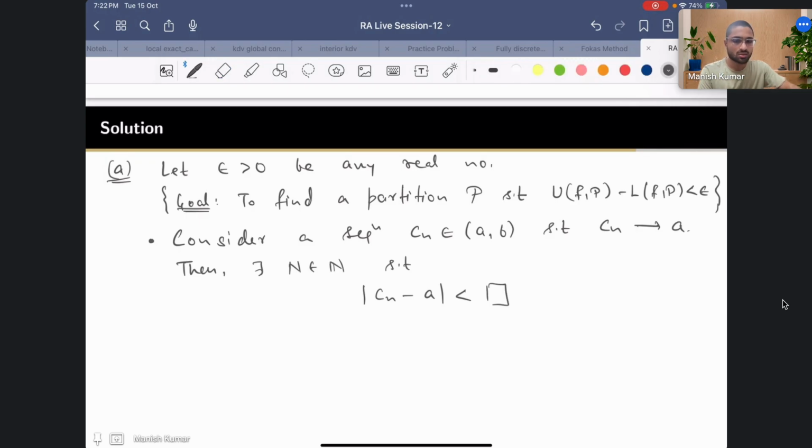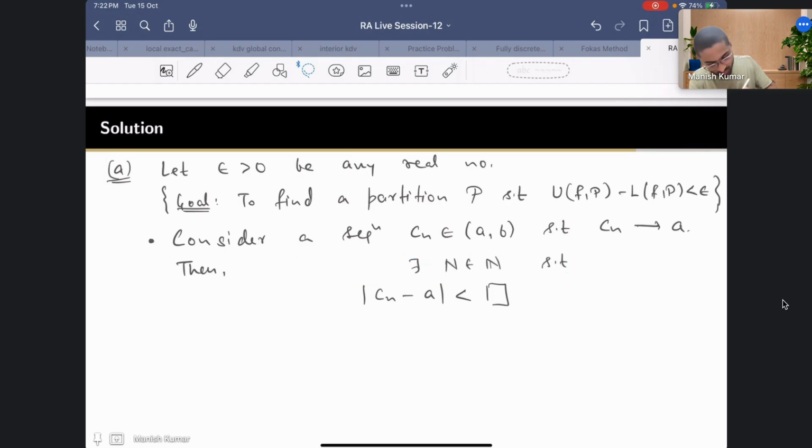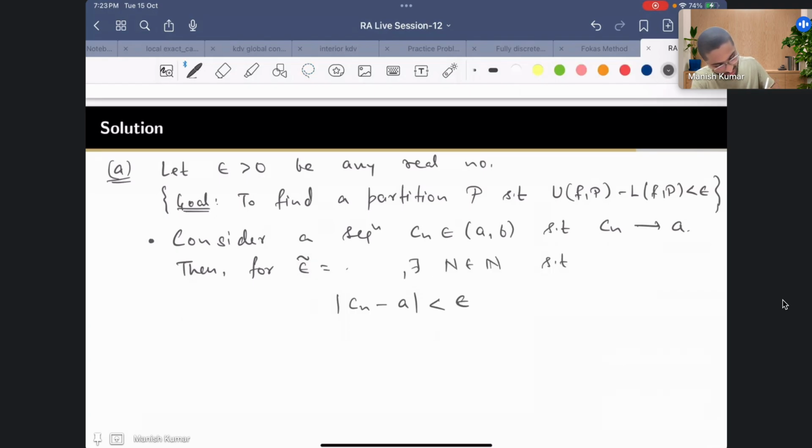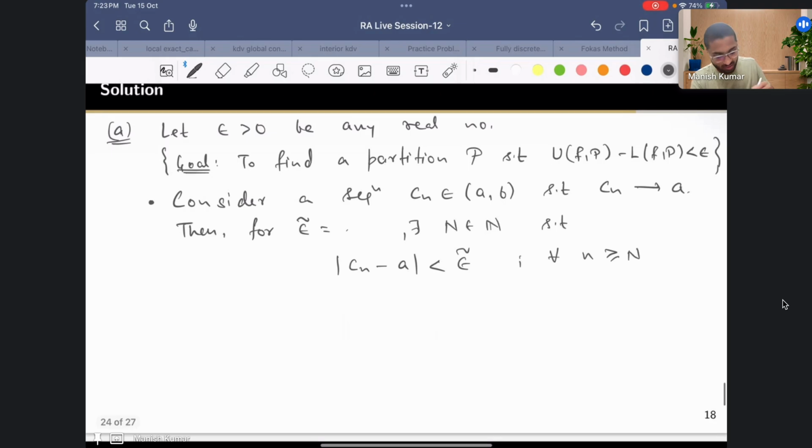So for epsilon tilde, let's say something, there exists N such that |Cn minus A| is less than epsilon tilde, for all n greater than or equal to this capital N. We'll see what this epsilon tilde is later. As of now we'll just talk about this capital N. So in particular, what we have is |C at capital N minus A| is less than epsilon tilde.